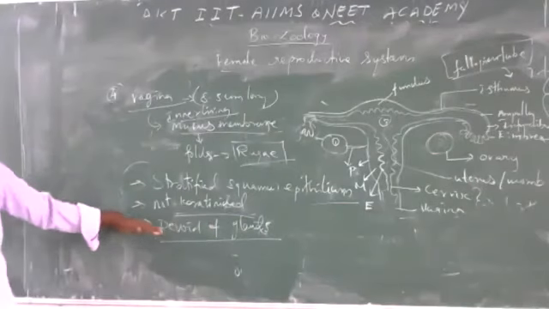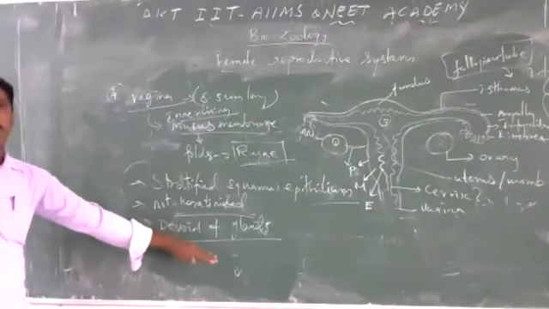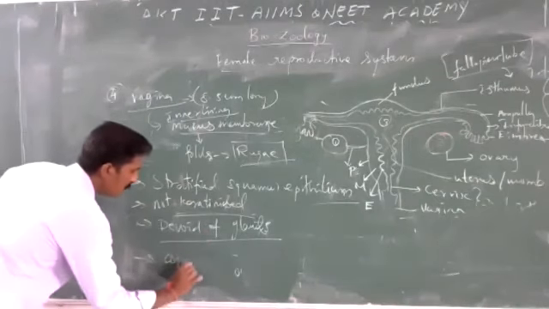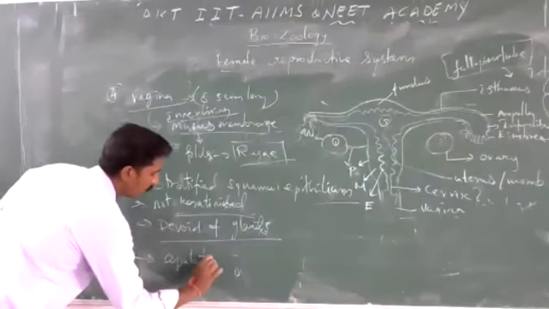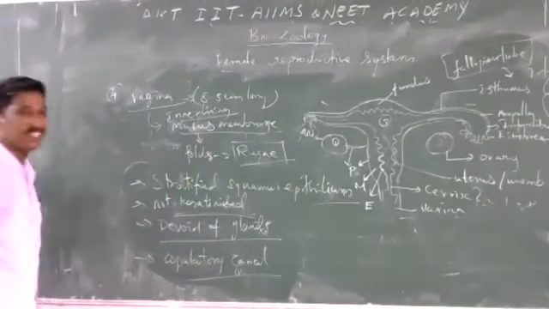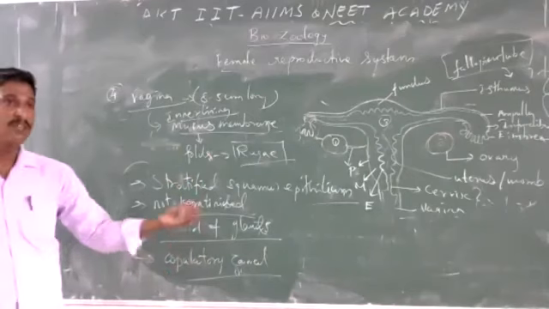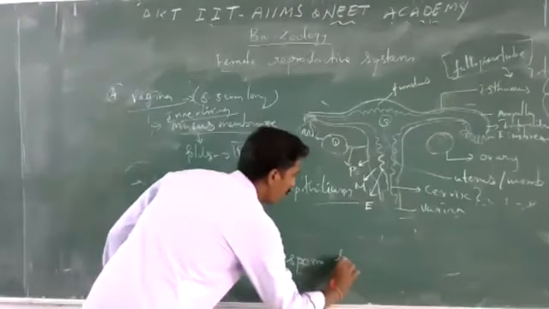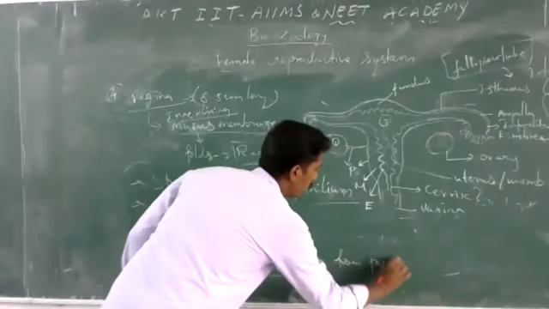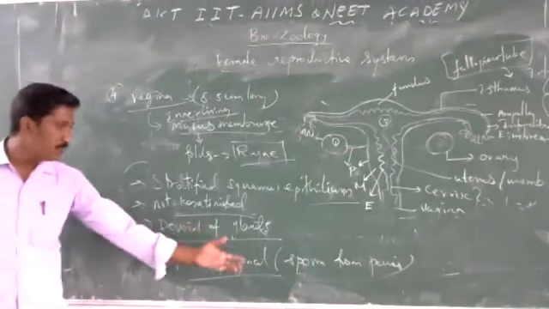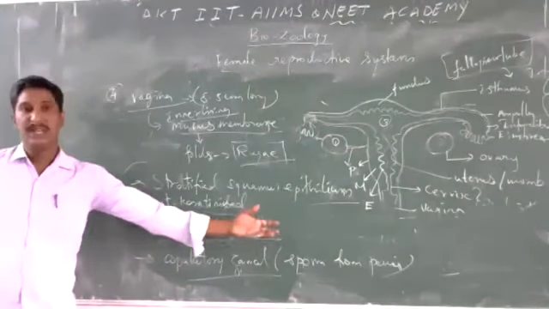The vagina is also a copulatory canal. It is used for copulation, mating, the receiving of sperm from the penis.